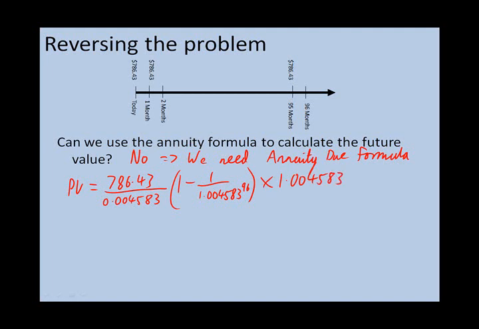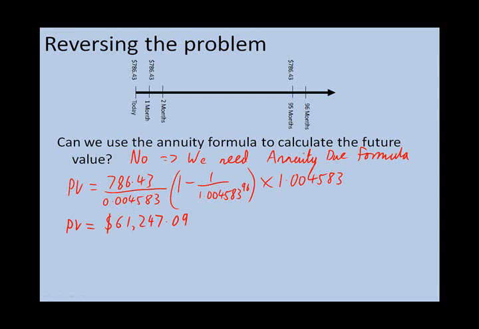That's our formula for the annuity due. If we do this calculation, we get that the present value is equal to 61,247.09.